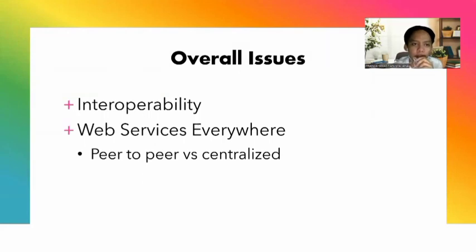Overall issues: interoperability, web services everywhere, peer-to-peer versus centralized. Other issues is whether UDDI registries are synchronized with each other. This implies that a registration is propagated to all other registries.